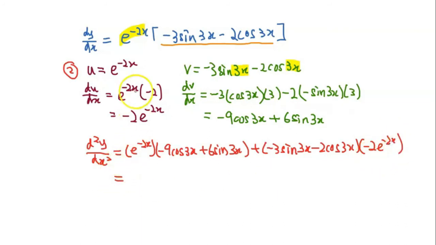Then we are going to simplify our answer by factorizing out the common factor e to the power of negative 2x.